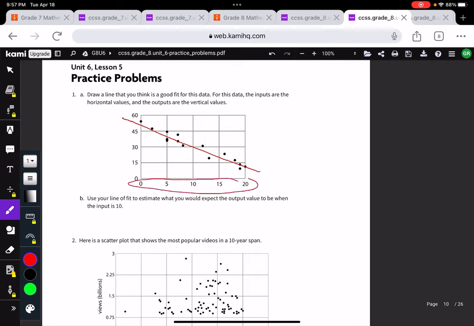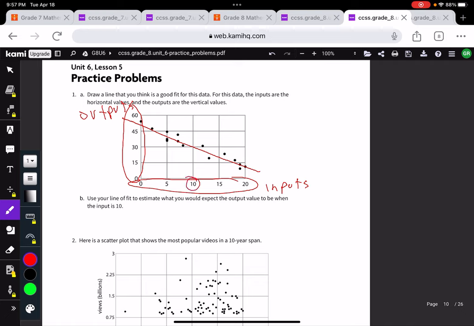Now, it says use your line of fit to estimate if the inputs are the horizontal values. Horizontal means left and right. These are the inputs, and these are the outputs. Use your line of fit to estimate what you would expect the output to be when the input is 10.